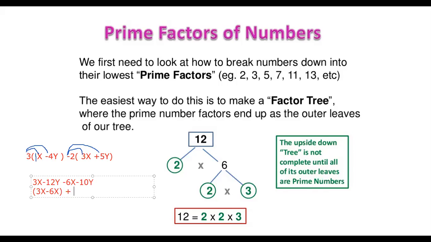We will separate the parentheses by the sign plus, and then we will put negative 6x and then negative 10y together. Then we will close the parentheses. 3 minus 6 will be negative 3x, and negative 6 minus 10 will be negative 16y.